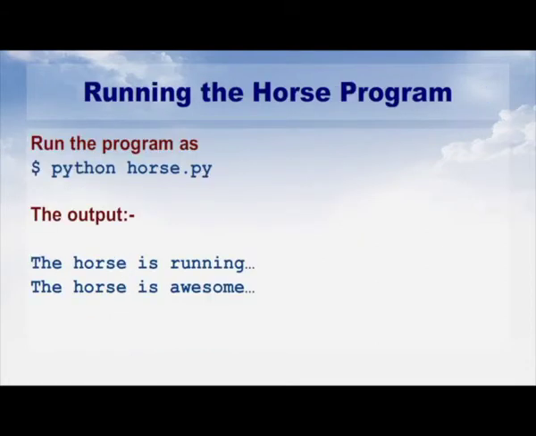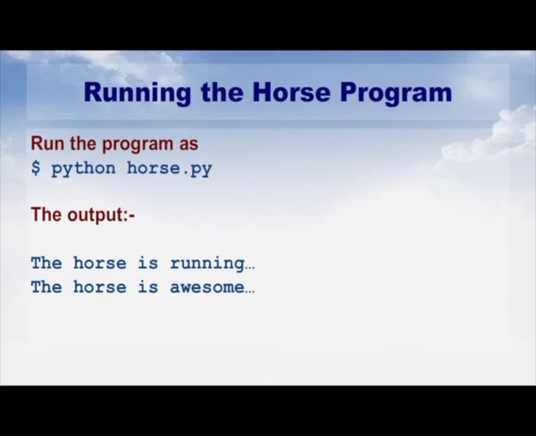Slide 5 shows the output of the previous program. Here we can run the program using the Python command python space horse.py, and you get the output: the horse is running, the horse is awesome. How does the line horse is running get printed?